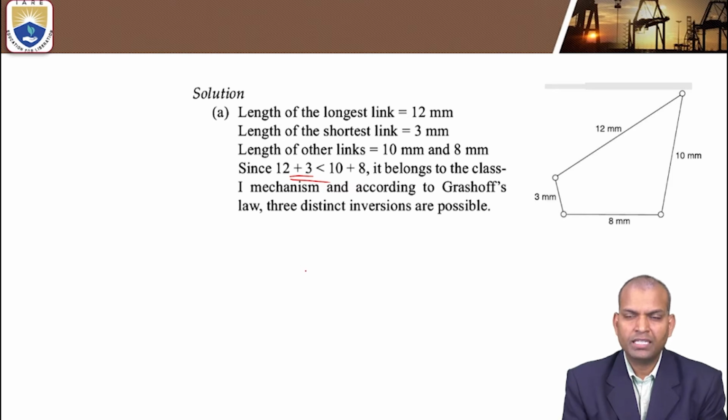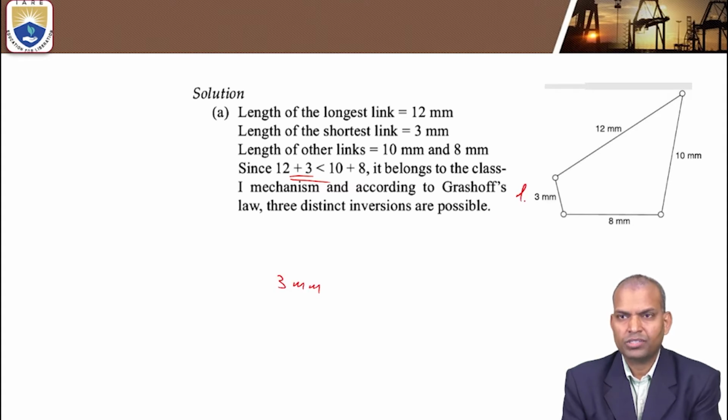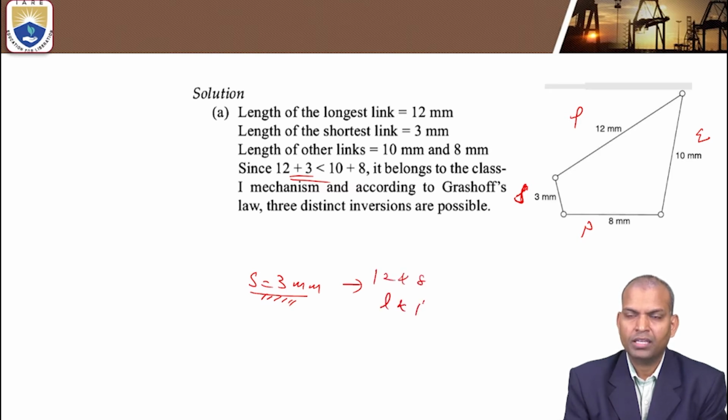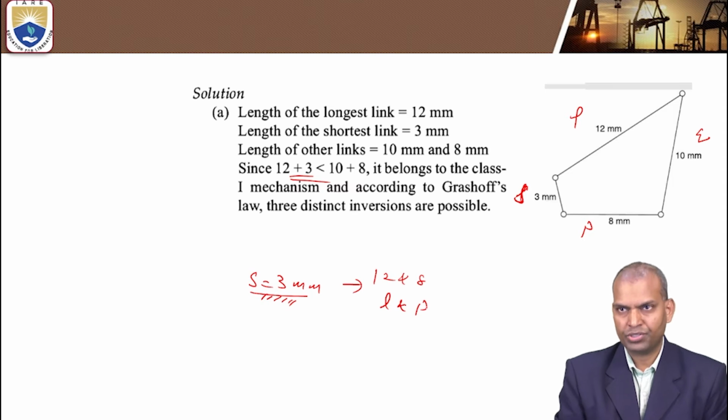The shortest link is 3 millimeters, shortest link is S, longest link is L, and the others are P and Q. If the shortest link S equal to 3 millimeters is fixed, then the 12 and 8 millimeter links, that is L and P, have complete rotations.